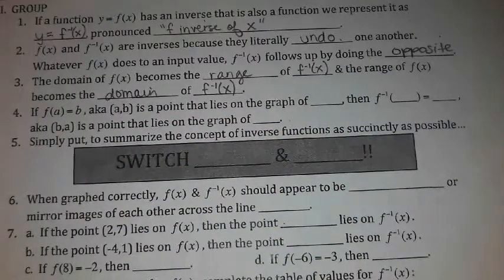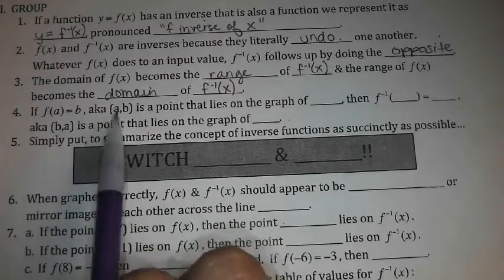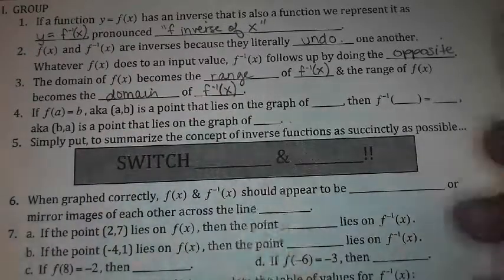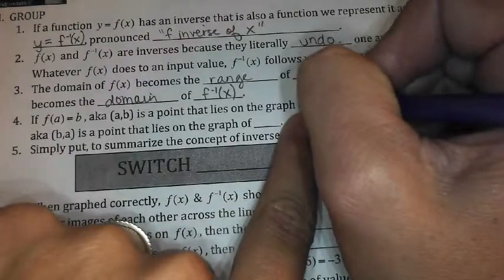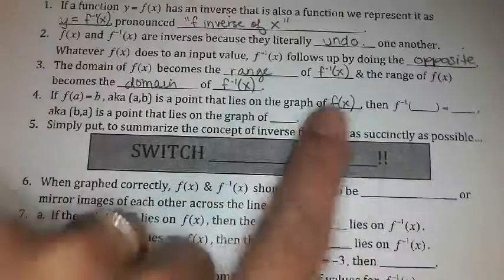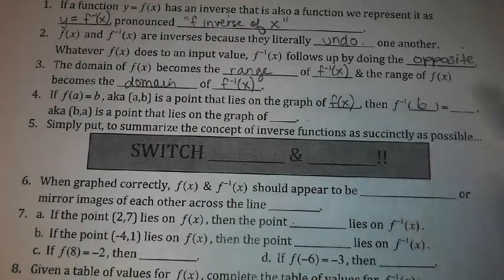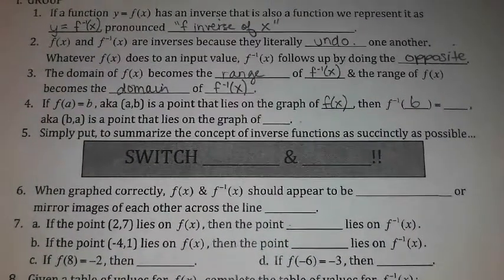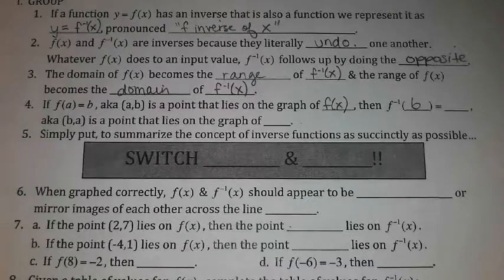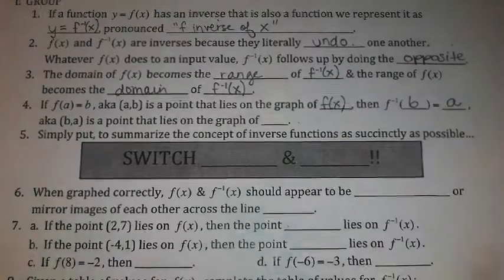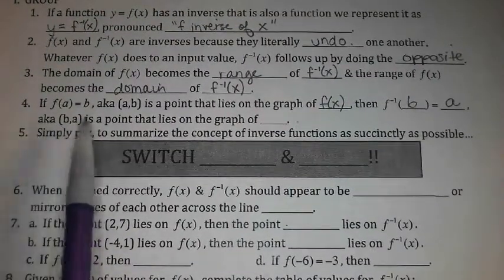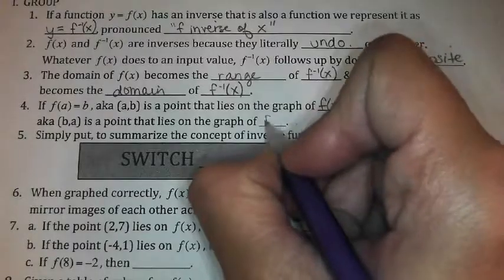Okay, 4 we talked about yesterday. If f of a equals b, aka (a, b) is a point that lies on the graph of, I'm just going to give you that one, f of x, then f inverse of b equals what? A. Good. AKA (b, a) is a point that lies on the graph of f inverse of x.